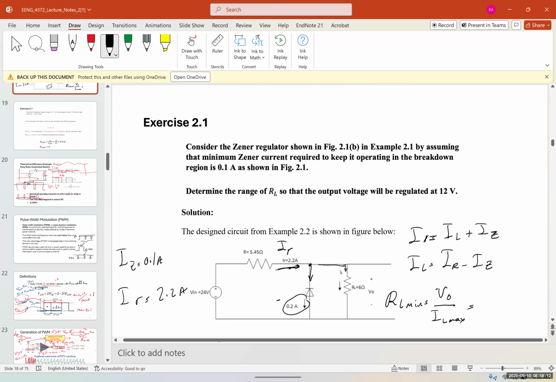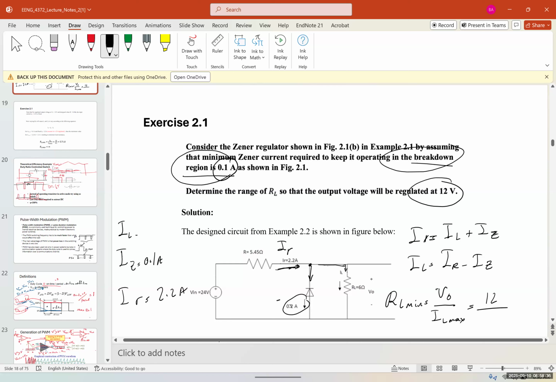So V out is, how much is it? 12 volts. So it's going to be 12 over IL, and IL would be IR, which is 2.2 minus 0.1, which gives us 2.1 amps. 12 over 2.1 amps gives us, can someone calculate this?